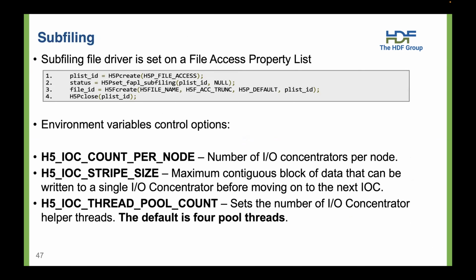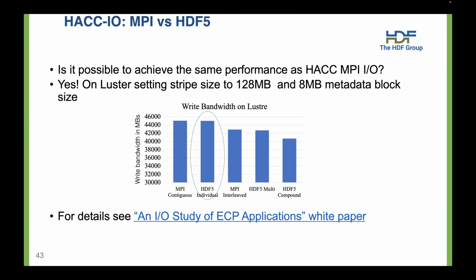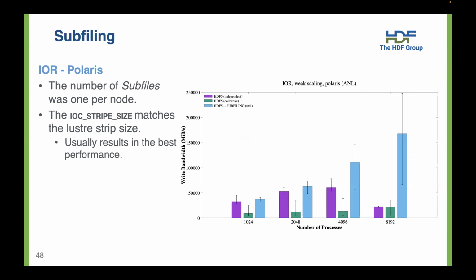If you look at some of the Polaris results with subfiling, you can see that it starts off better with independent, but then it changes when you get to higher collective. I have a feeling that if I ran more, collective would probably start being better than independent, but it's hard to say. Sometimes it switches depending on how many ranks you're using, so it's still kind of trial and error.